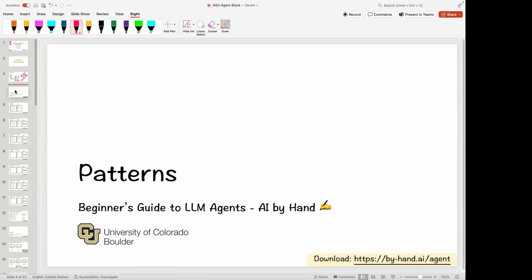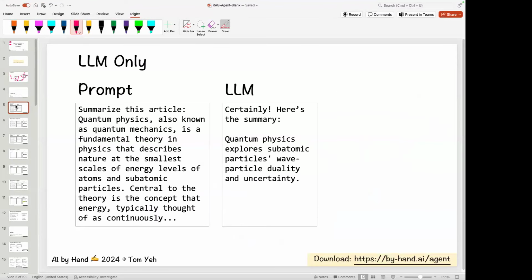All right, so let's talk about the patterns of agent. An agent you can think of as an extension of a large language model. If we have a large language model only, we'll do some prompt engineering.